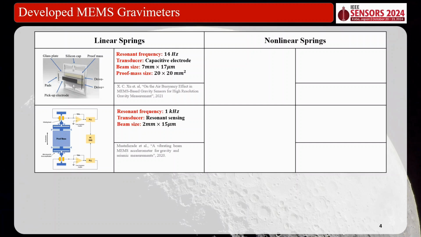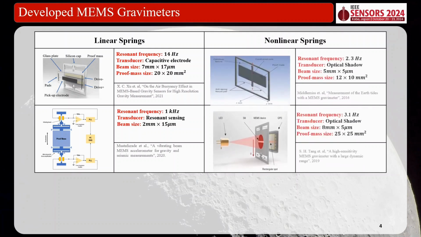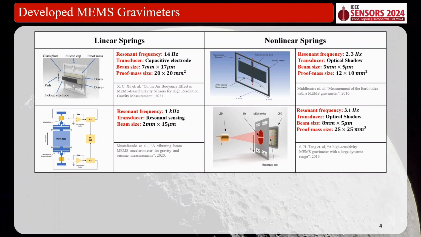Another kind of developed sensor is based on resonance sensing. It has a very high resonance frequency, and the beam size, again, is too high. The nonlinear springs are mostly based on curve-shaped beams, but still the ratio of the length to the width is very high, and the proof mass size is still large.